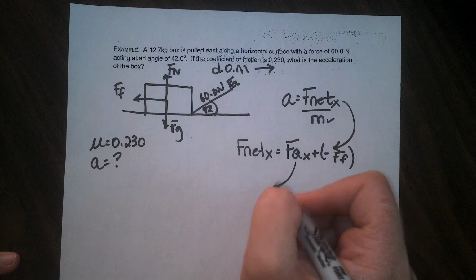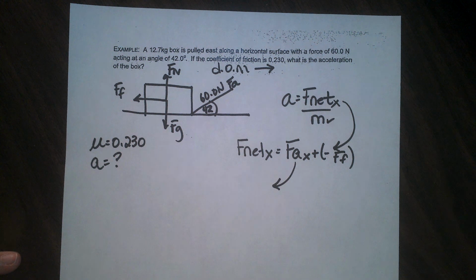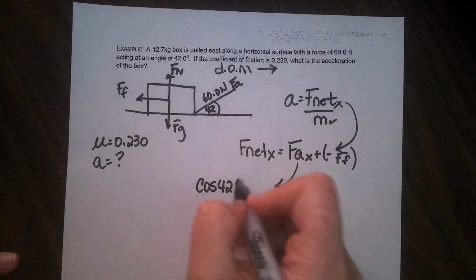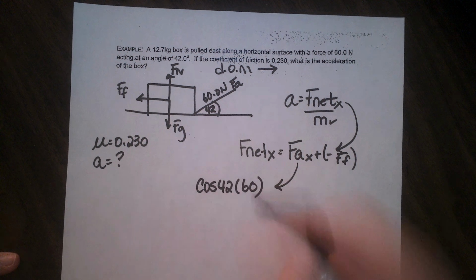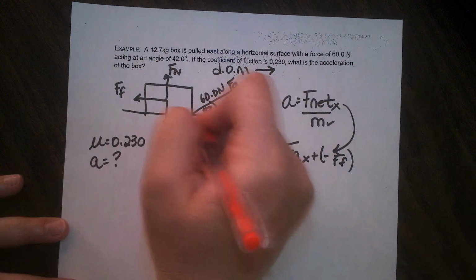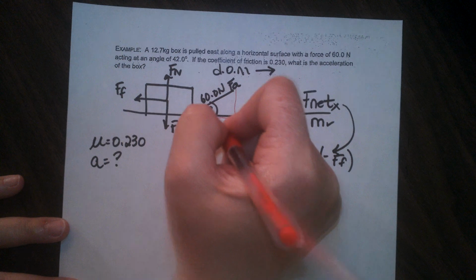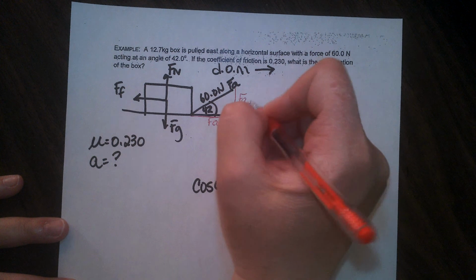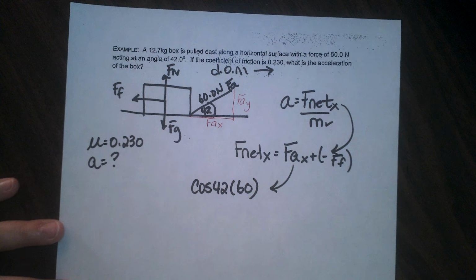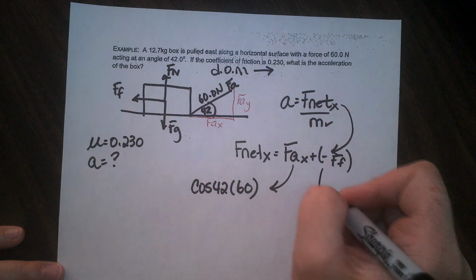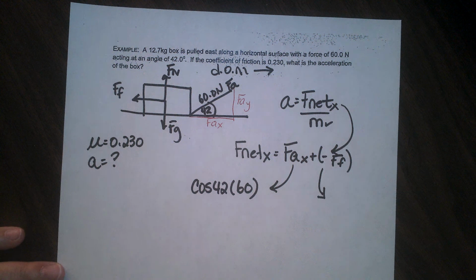How are we going to solve for that? Because we're going to make a new kind of semi-triangle in here. We're going to have force applied X and force applied Y. Okay, force of friction. We don't have that. How do we solve for force of friction with the information provided in the question?